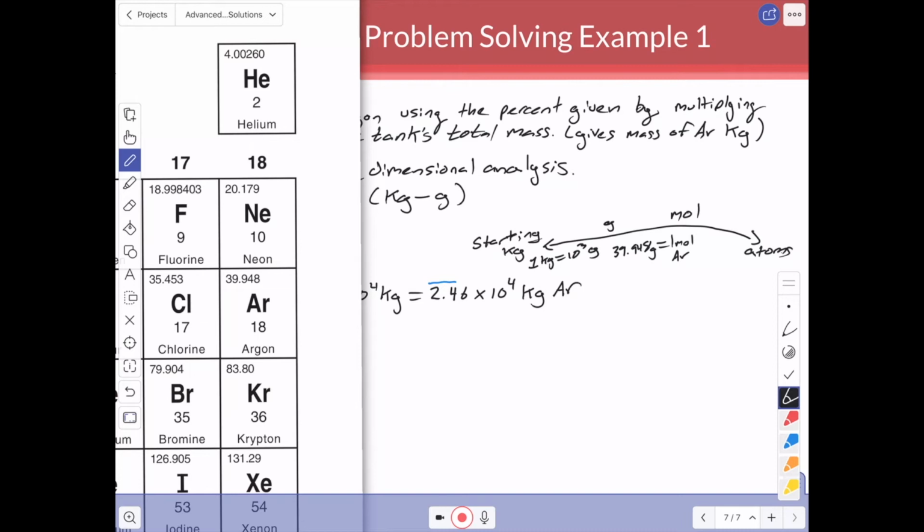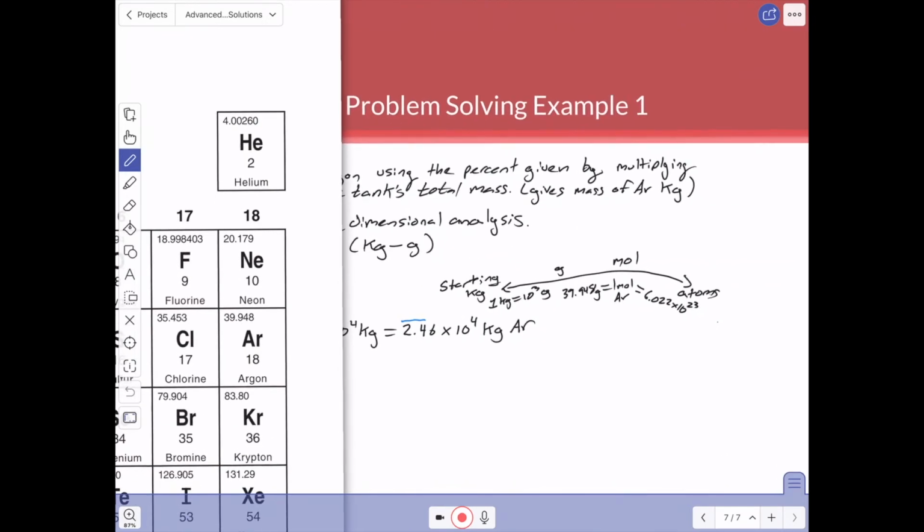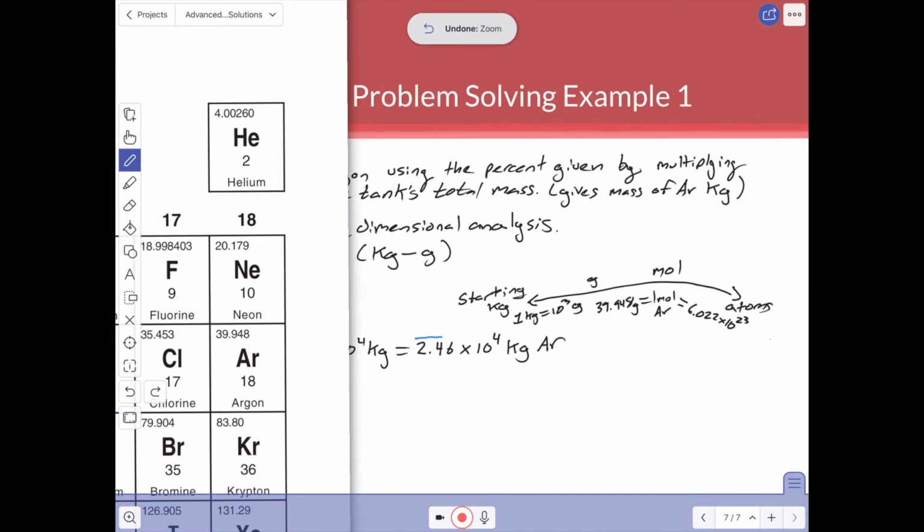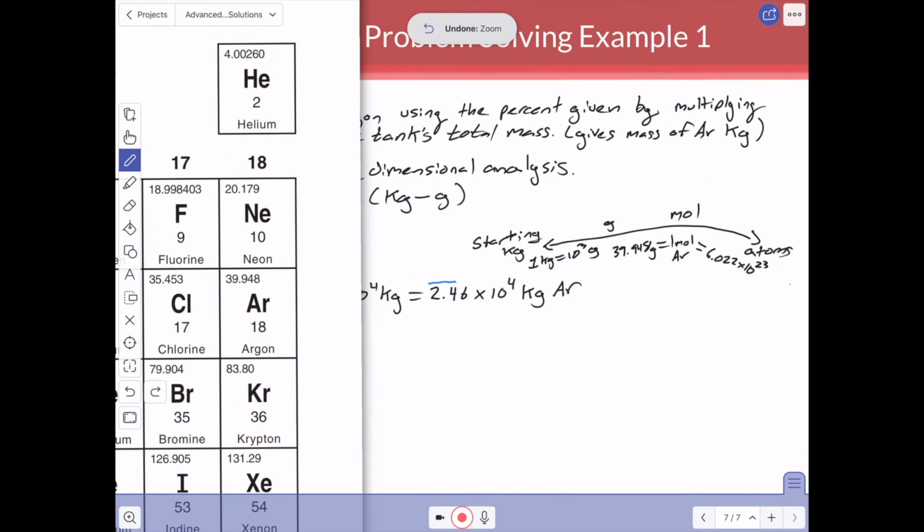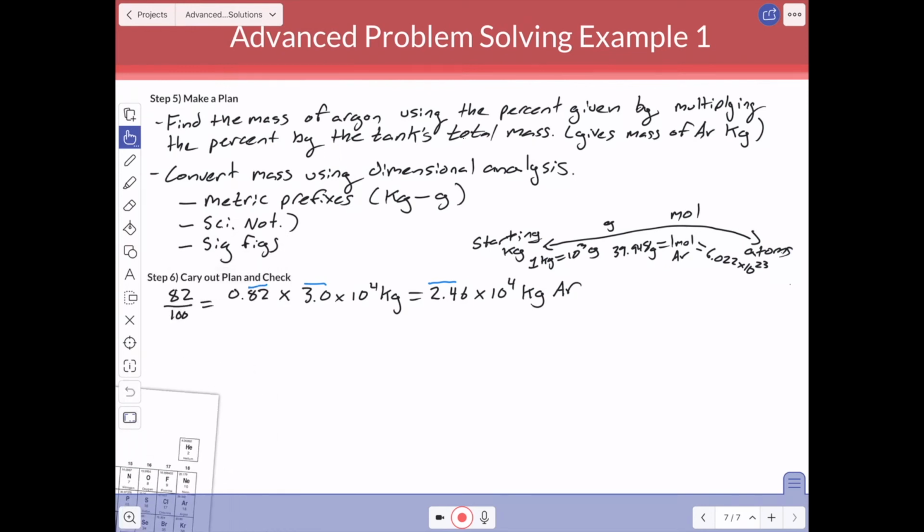How do we get from moles to atoms? 1 mole equals 6.022 times 10 to the 23rd. All right? All right, let's ditch our periodic table down here.